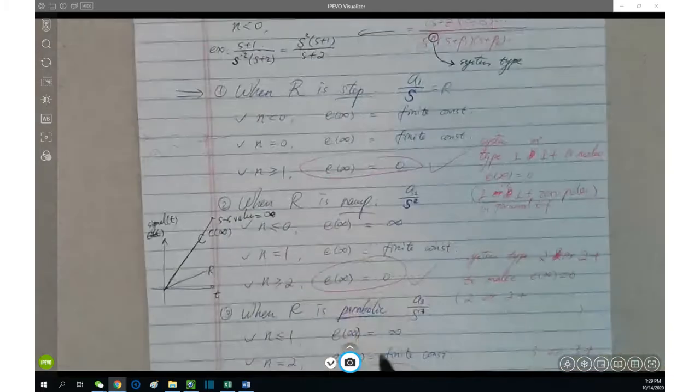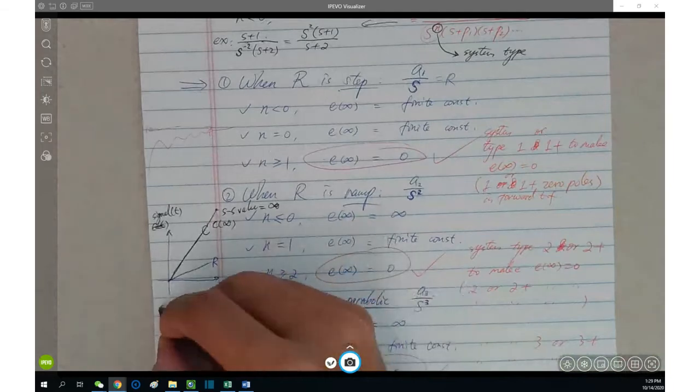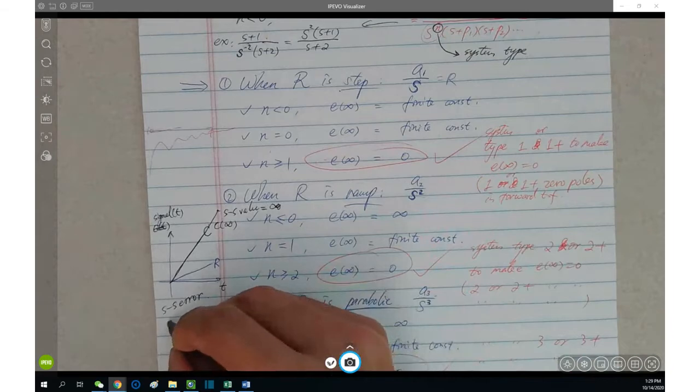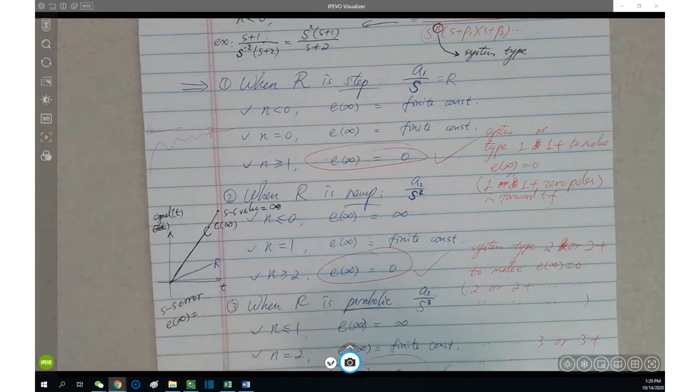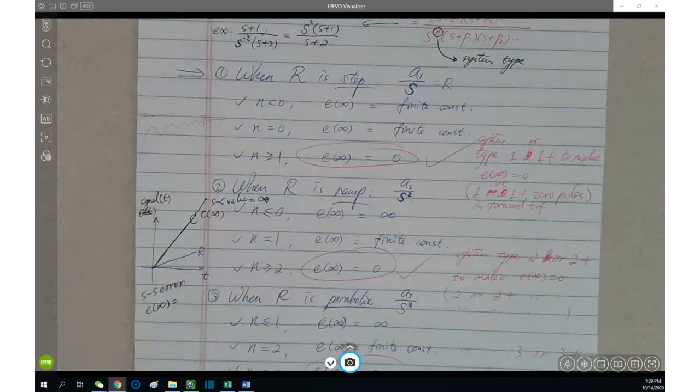Okay. Steady state error is what? For this system, what is steady state error? Isn't that the output subtract the input? At where? Whatever the steady state instant in time is.